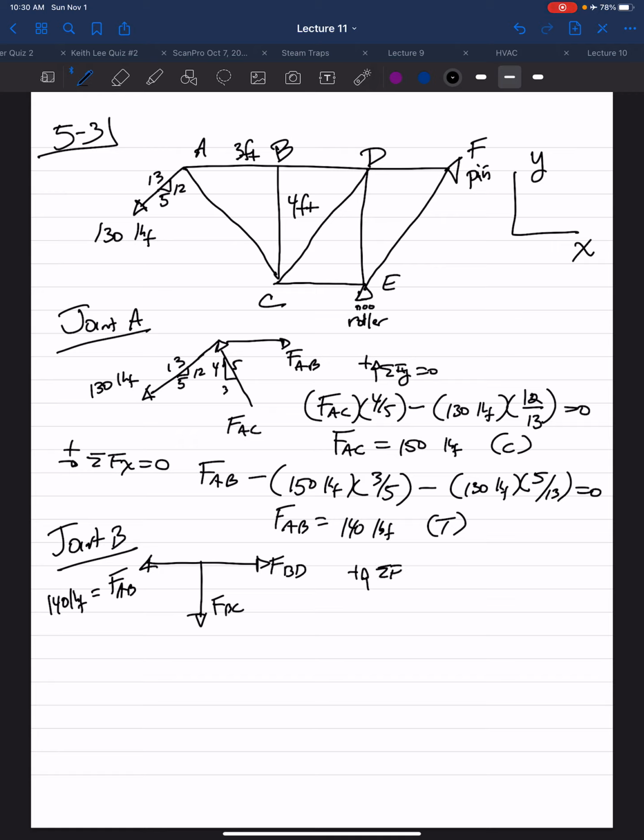So I take the sum of my forces in the y direction. We have FBC equals 0-pound force.